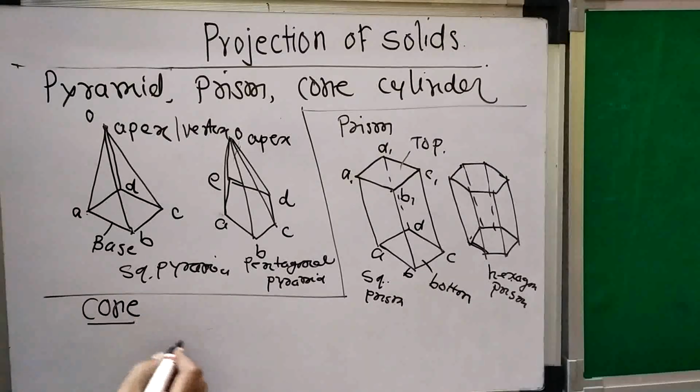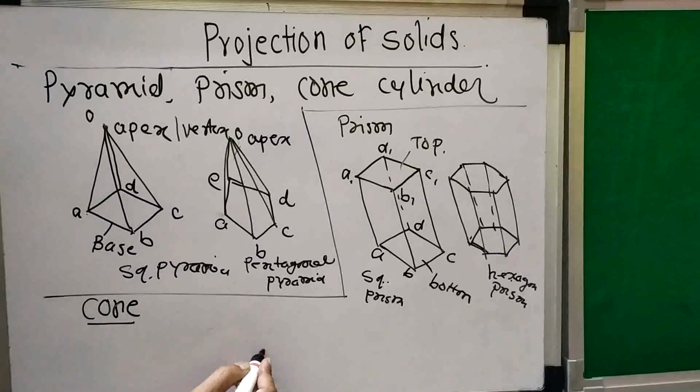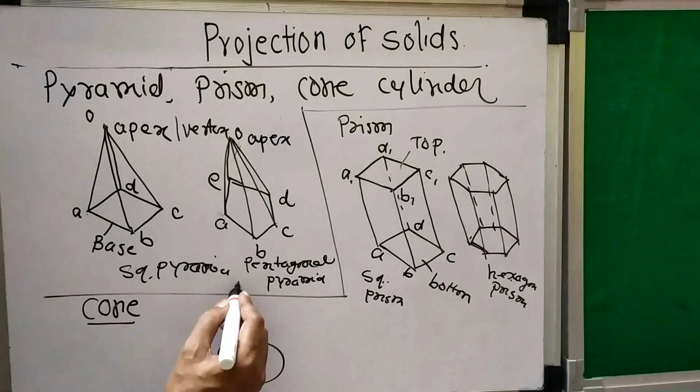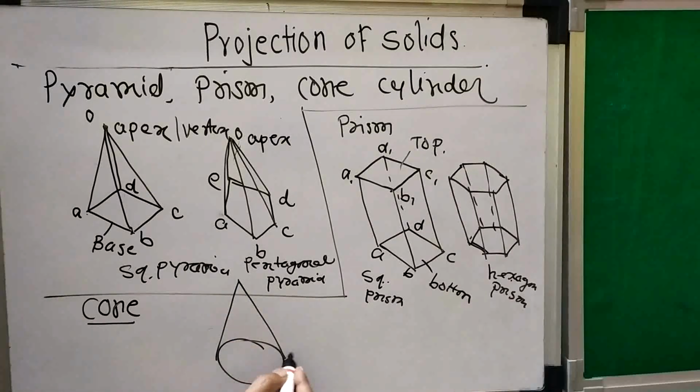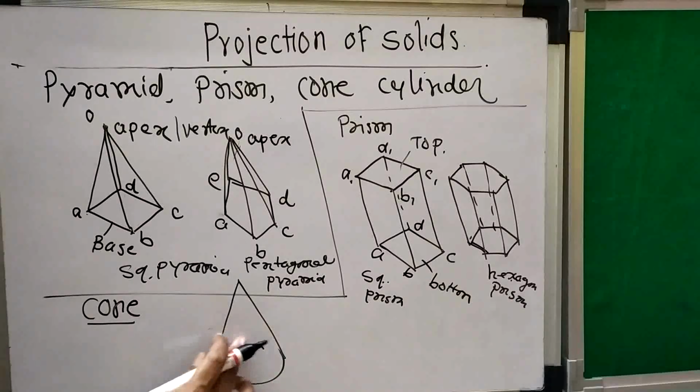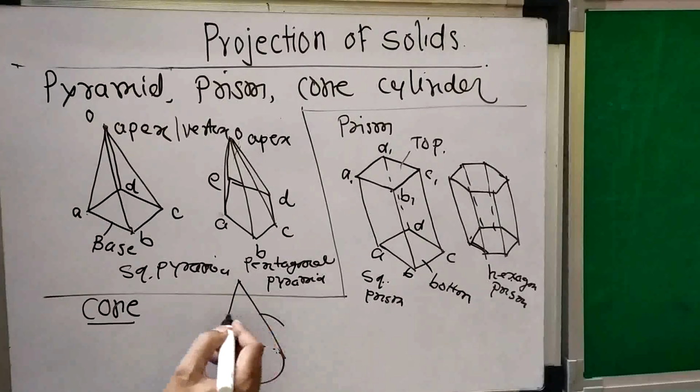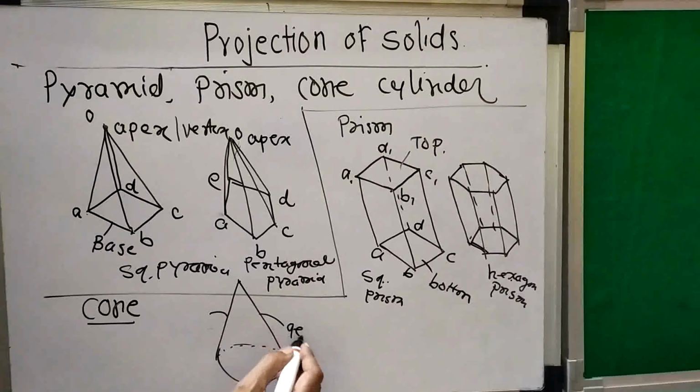Now in case of a cone, we have one circular base, and then a curved surface. So this will be a cone. This circular base and this are called generators.